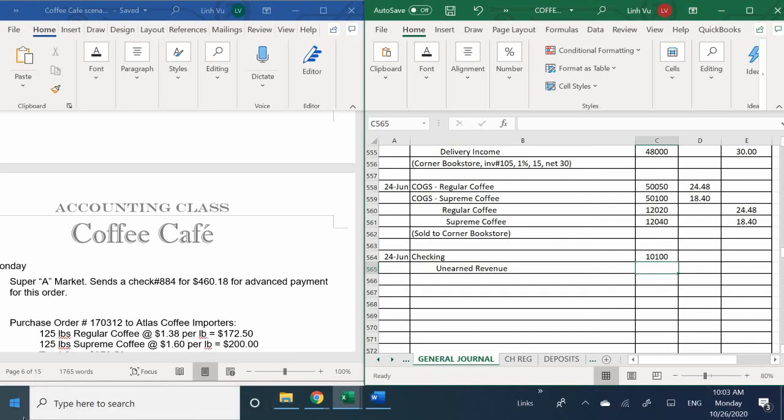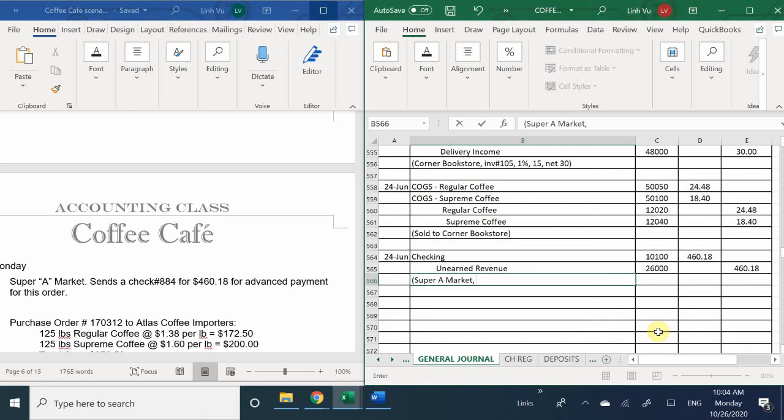So here, unearned revenue. Can someone please tell me what account number that is? 26,000. And how much am I owing service to? 460.18. And I'm going to make a note here. What's my note going to be? Super A Market.